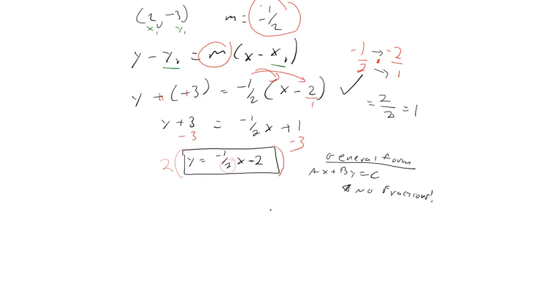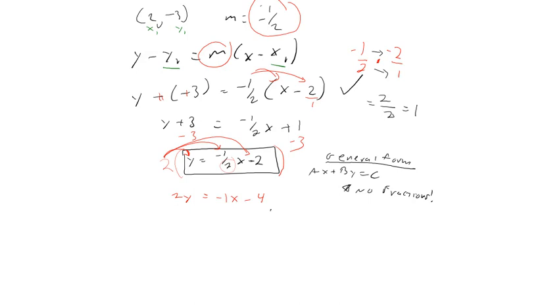So 2 times the y is 2y. 2 times the -1/2, well, we just did that, that's going to be -1x. And 2 times -2 is going to be -4. Now you see the 2 on the bottom of the fraction canceled, and I have no fractions left. Now I want to put the x and y together.